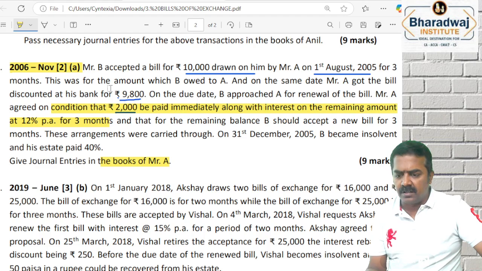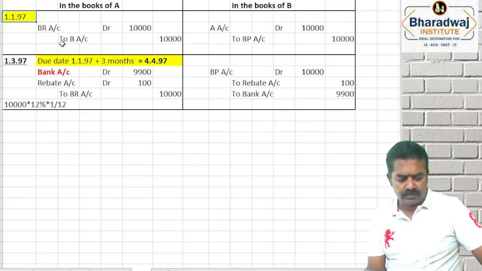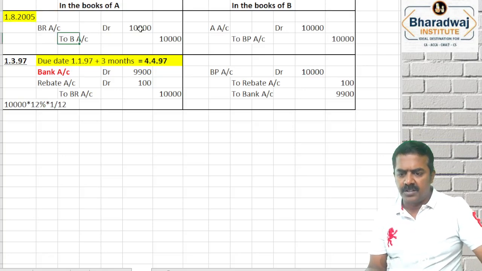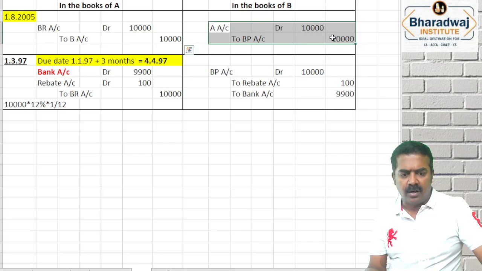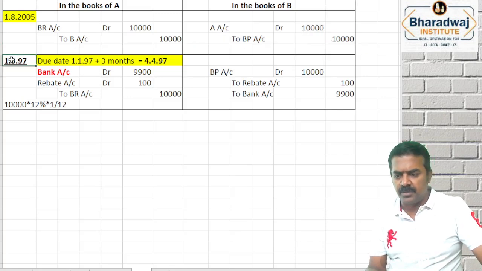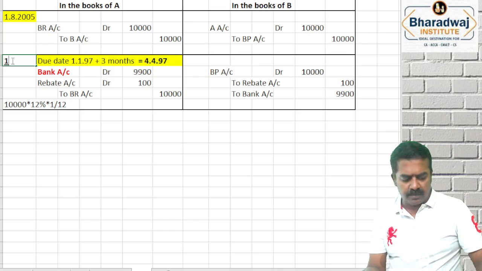When the bills are drawn, bills receivable account debit to B account for 10,000. A account debit to bills payable 10,000, they will pass. Then we are discounting the bill.